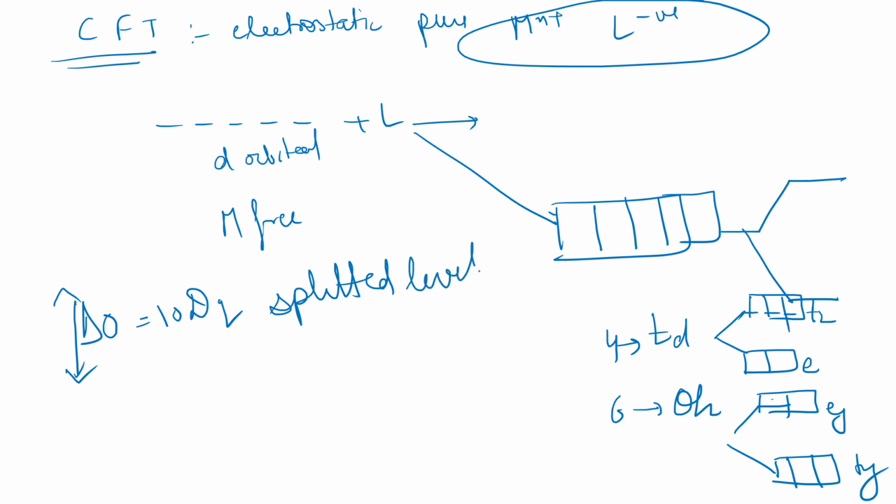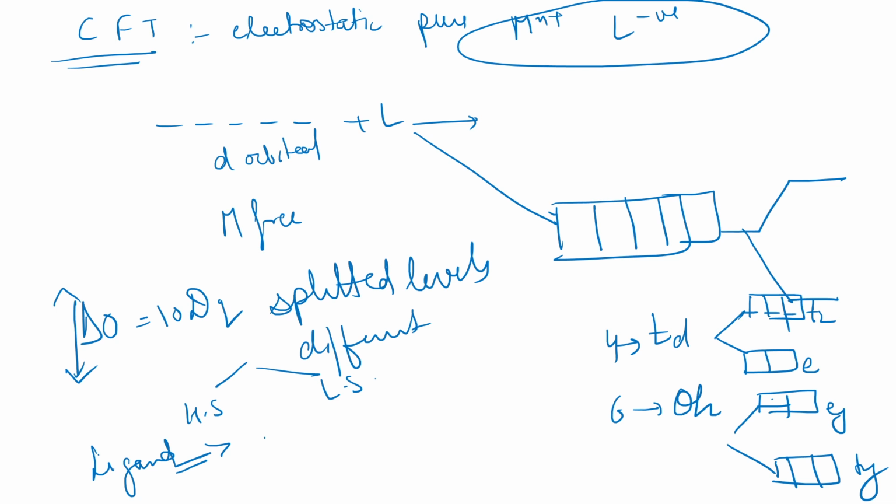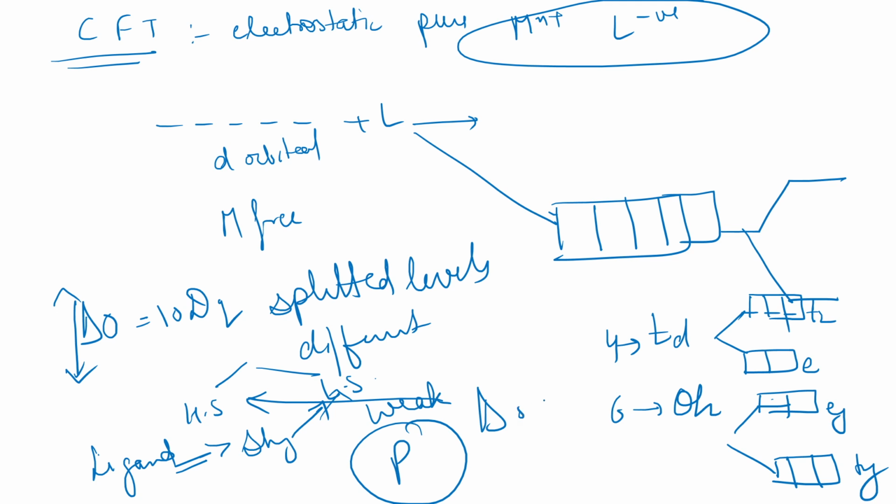And we understood how high spin and low spin complexes are made, and how the nature of the ligand causing the splitting defines that. Strong field ligands make low spin complexes, weak field ligands make high spin complexes. We understood the pairing energy and the relation between delta naught and P in affecting the high spin or low spin nature of the complex.